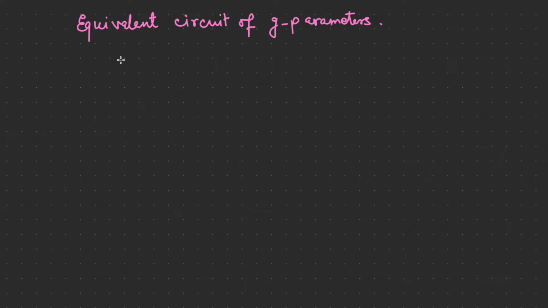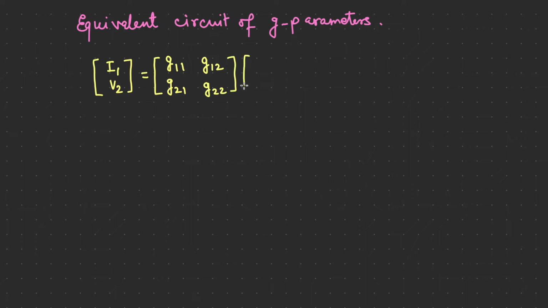In this video we are going to see what is the equivalent circuit of G parameters. As we know, the G parameter is defined as I1, V2 on the left hand side, then we have the G parameters G11, G12, G21, G22, and here we have V1, I2.